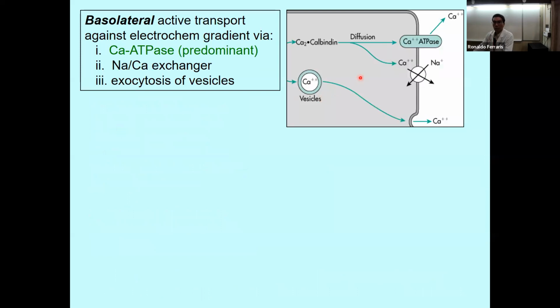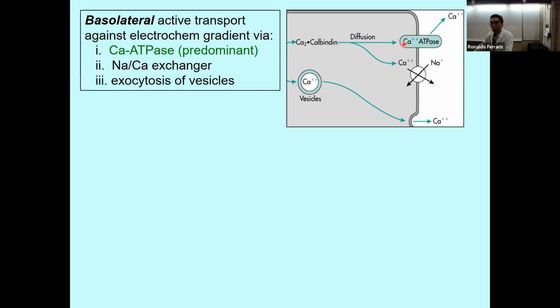Now, how does calcium get out from the cytosol into the blood side? This is by the basolateral membrane. The main route of calcium transport from the cytosol to the blood side is via calcium ATPase.